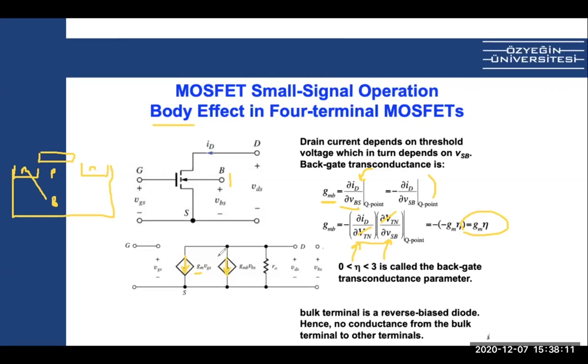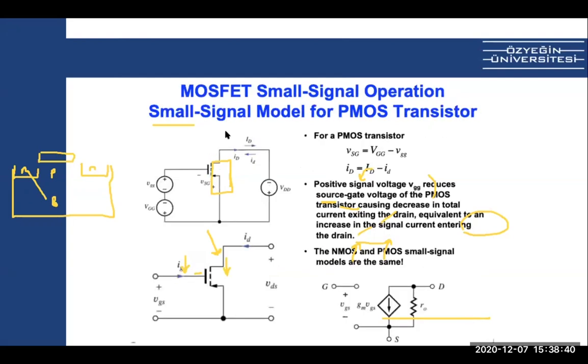Usually in the questions, I will ignore this, because the purpose is not to make it complicated, but just know that in the small signal parameters, we always have another junction. It's called the body, and that affects your small signal model. Basically this body creates a reverse bias diode and so on.